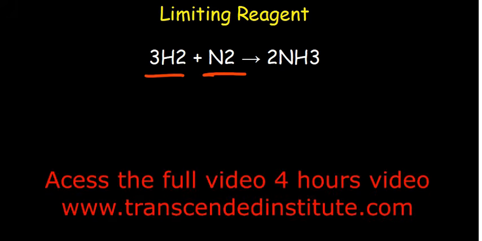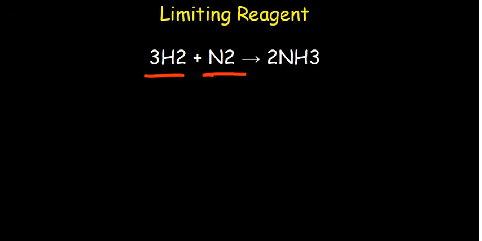Okay, so we can look at the reaction that we have. If we're having a reaction between hydrogen and nitrogen, the one that is going to finish faster is what we call the limiting reagent. Okay, so why do we call it the limiting reagent? We call it the limiting reagent because it is the one that is basically limiting how much of the product is produced. Okay, so think of you having, let's say, sugar, right?